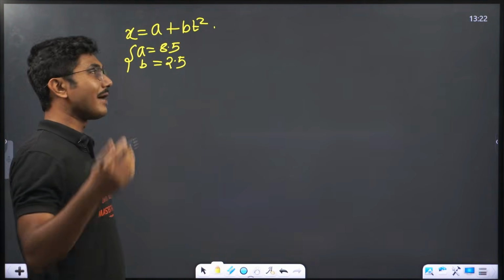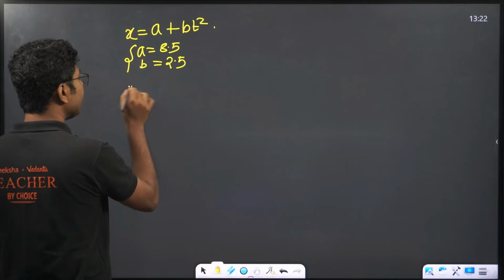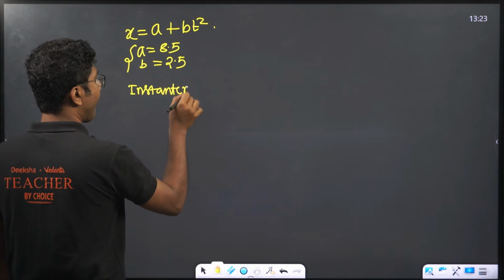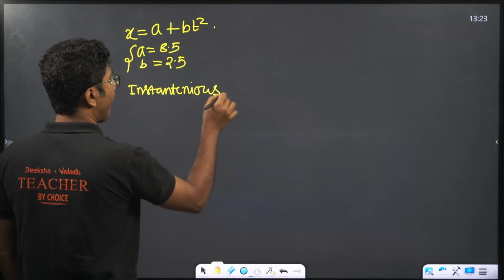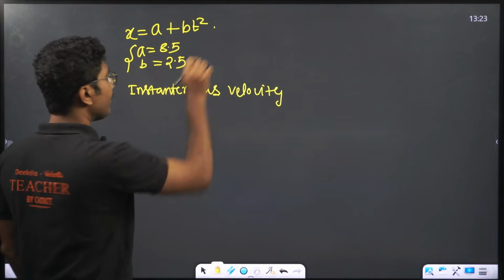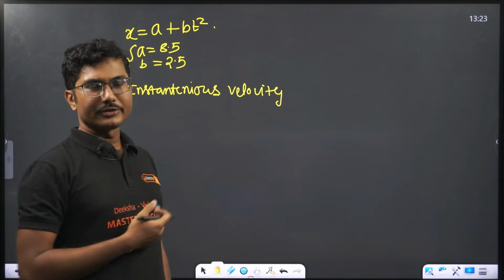Whenever they ask for instantaneous velocity and they have given you an equation, you don't need to use the numerical method, and obviously you cannot use the graphical method here.